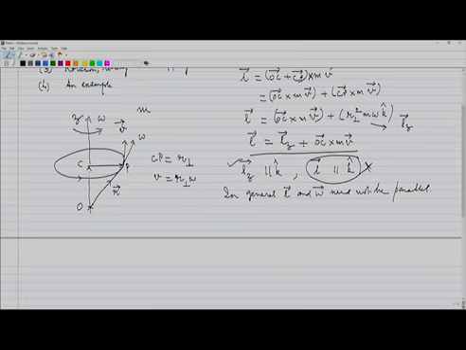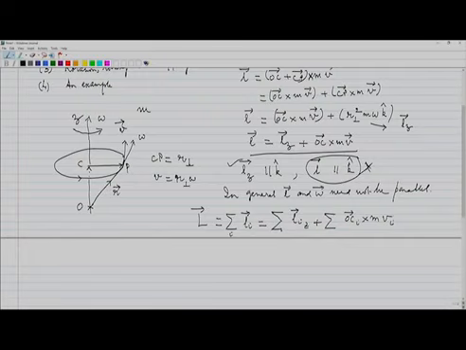Now we will calculate the total angular momentum. This whole body is made up of so many masses. Therefore, the total angular momentum is the sum of all the angular momenta, because angular momentum is a vector quantity. The summation runs over i, corresponding to all particles. So this is the sum of the Z components of all particles plus the sum over OC_i crossed with m times v_i.